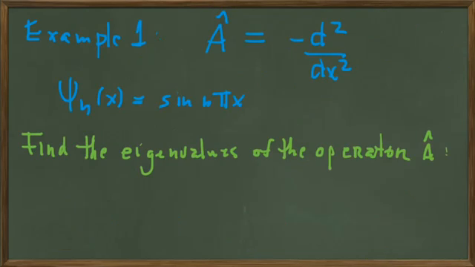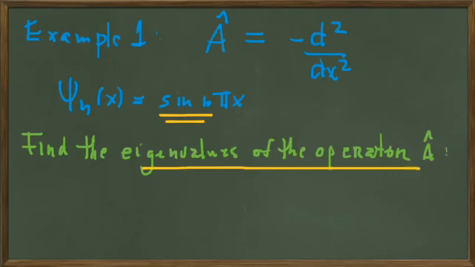So let's look at an example of an eigenvalue problem where we have a set of eigenfunctions sine of n pi x, and we're asking the question, find the eigenvalues of the operator a hat, where the operator a hat is defined as the negative of the second derivative of the function.